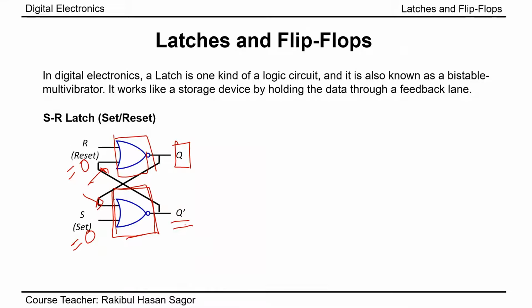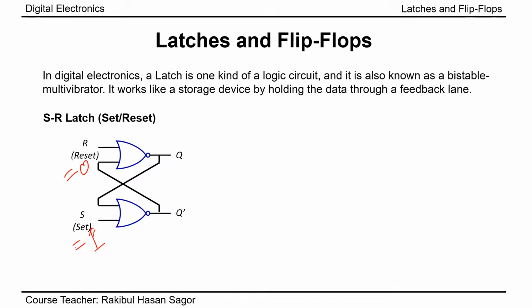This second input has been taken from the output of the opposite NOR gate. So in order to mitigate this problem, instead of taking S equal to 0, R equal to 0 at the very beginning, we will take S equal to 1, R equal to 0 to predict our output. So here I am taking S equal to 1, the first case, and R equal to 0.